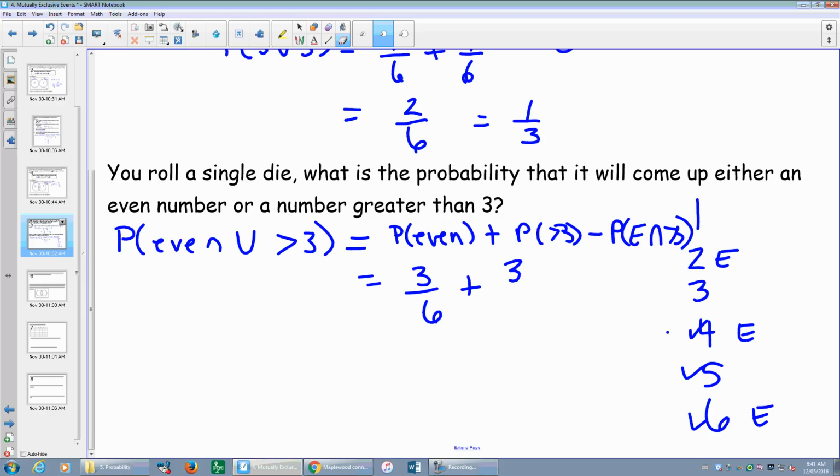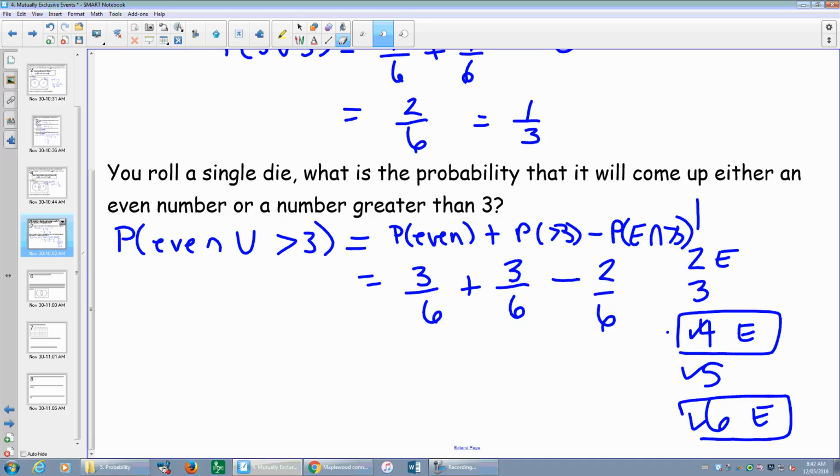So I have plus 3 over 6. Now I have to minus the intersection. So what is the probability of rolling an even number and that it's greater than 3? Powell, what would you put for that? Good. Here, this is an even number greater than 3, an even number greater than 3, so I subtract that because I'd be counting that twice, which leaves me with the final answer of what, David? Very good.